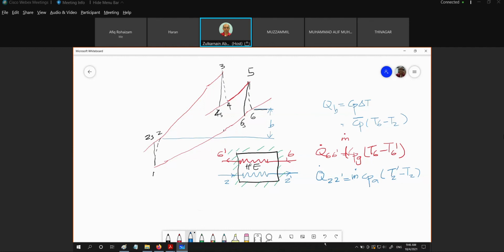We don't have 100% efficiency of the heat exchanger; let's say it is less than 1, or less than 100%. Let's say this is our 2 prime, which is not equal to T6 because of the efficiency that we have in the heat exchanger.